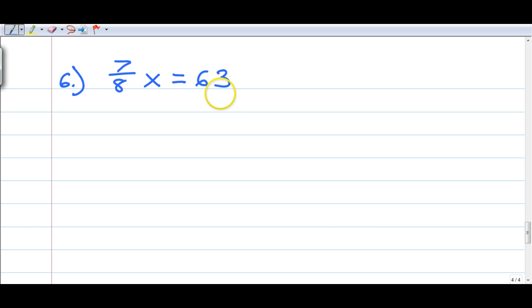We're going to use the multiplication principle of equality again, but this time we're going to eliminate the coefficient 7/8 by multiplying both sides by its multiplicative inverse, which will be an 8/7. So I'm multiplying by 8/7 on both sides of the equation.